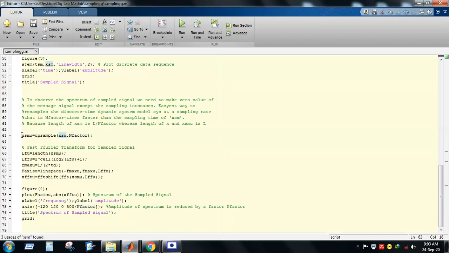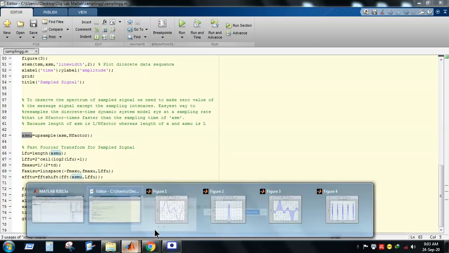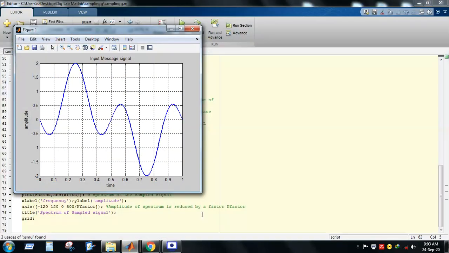So we get xsm u equal to upsample xsm n factor. Now this will match the original signal, with the same number of time instances as the original one.